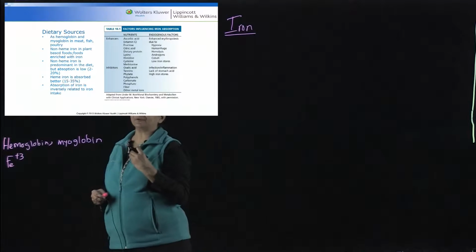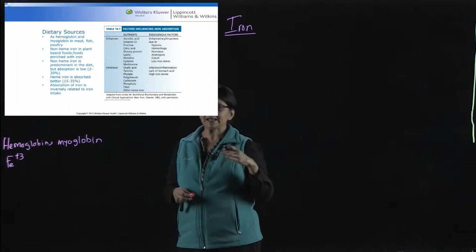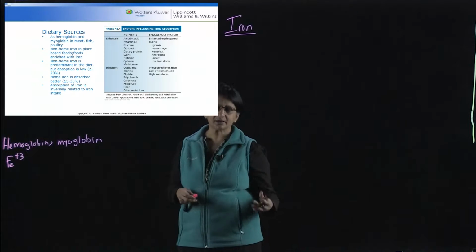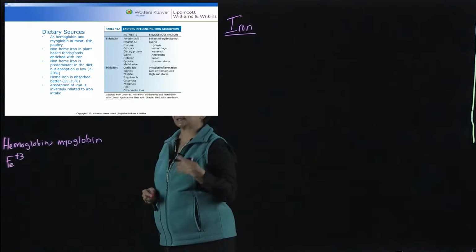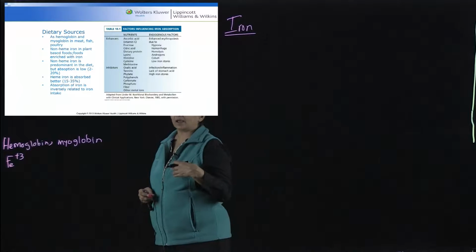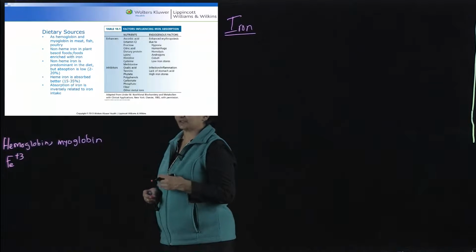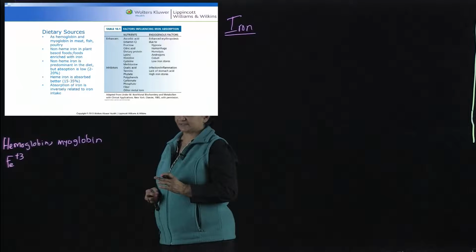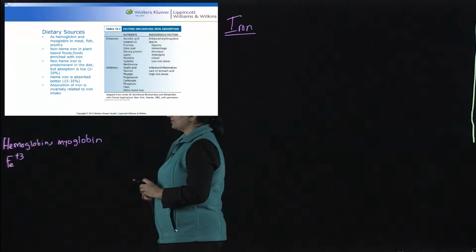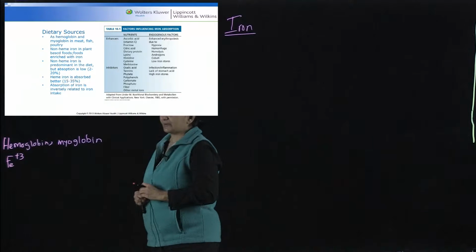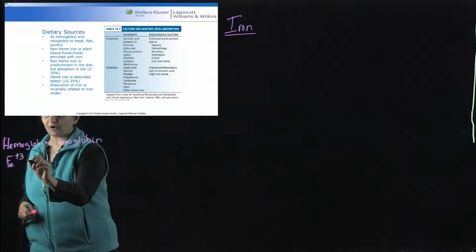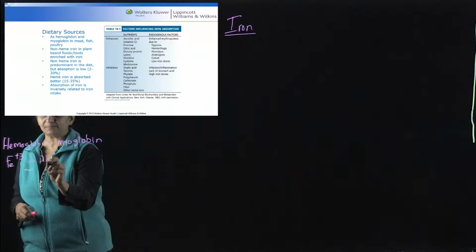So when we eat food, if you look at heme sources of iron, those would primarily be the ones that are coming from animal-based foods, especially with regard to red meats in general. Now, the non-heme iron, primarily, comes from plant-based foods.